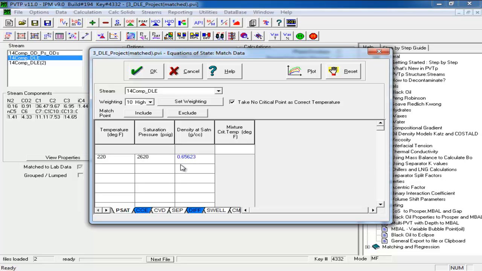And for saturation pressure, you can use two ways. You can either match the saturation pressure by binary interaction coefficients or by TC, PC, and eccentric factor, of course for the pseudo-components.